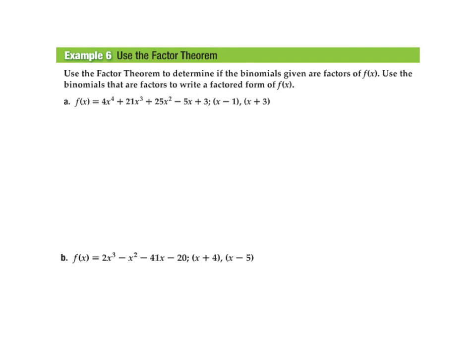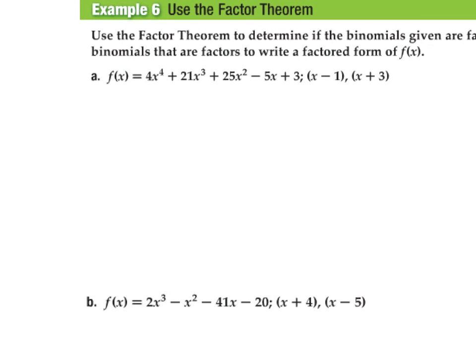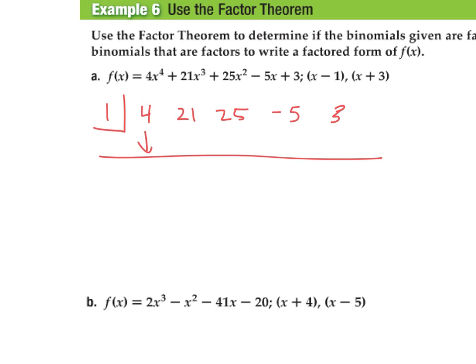And if I get something other than 0, then I know it's not a factor. So I'm going to take my coefficients. I have 4, 21, 25, -5, and 3. And I have x minus 1, so when I solve for x, I get a 1, and that's what I'm going to divide with for my synthetic division.